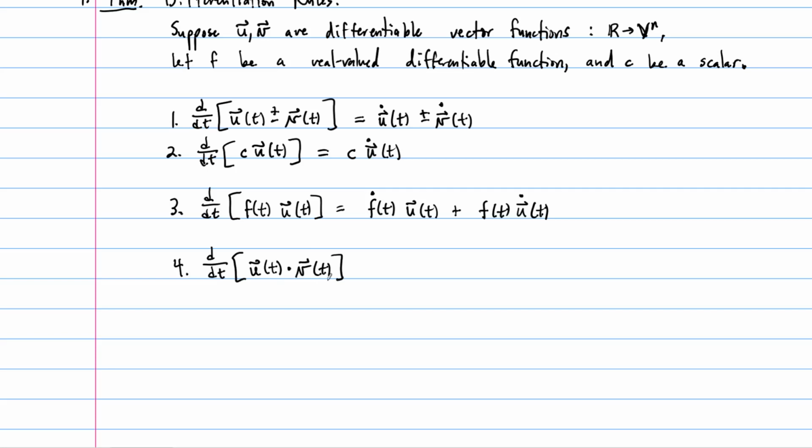So this says take the dot product first, get a regular function, take its derivative, right? And so the rule is then that this is going to be the same as first taking the derivative of this one and dot producting it with the second one, and then leaving the first one alone, dot producting it with the dot derivative of the second one.